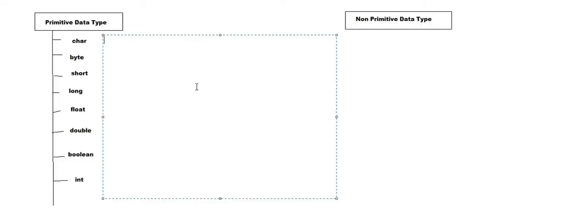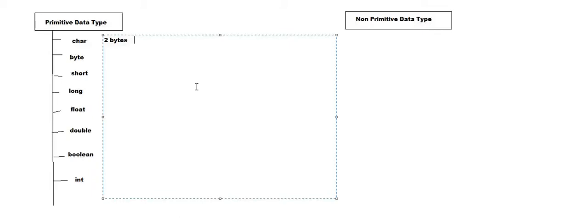So first of all, char. Char contains 2 bytes, and it stores a single character, a letter.